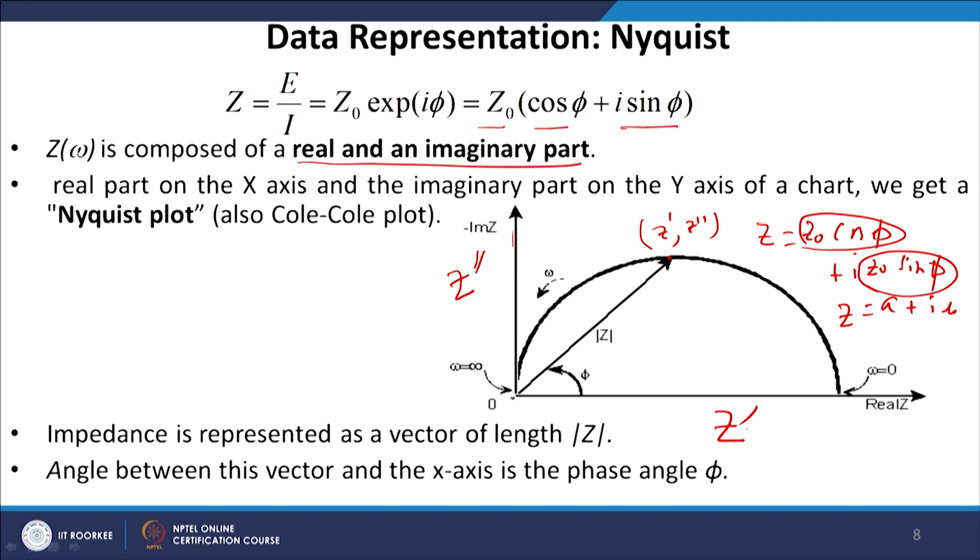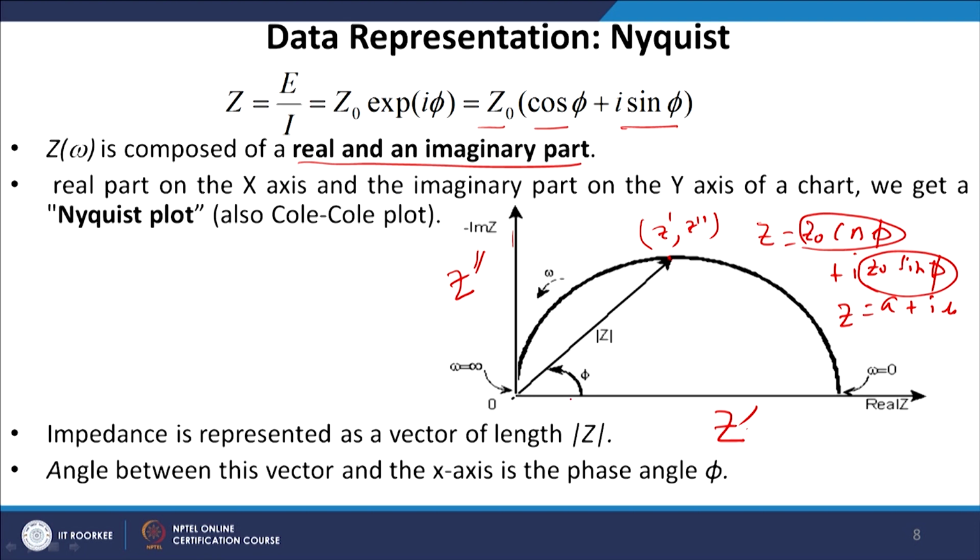If I connect it with the origin, we will get a line like this. So, this is a vector. This vector represents the complex impedance, and the magnitude of this vector gives you the magnitude of the impedance, and the angle it subtends to the x axis gives you the phase of the impedance.